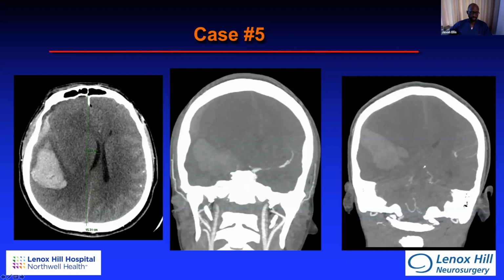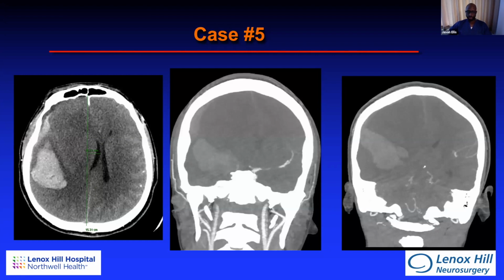This patient unfortunately herniated, and that means he has had such severe compression from this hemorrhage and the associated brain swelling or brain edema that he compressed his brainstem to a degree where it no longer functions normally. And it essentially resulted in him being pronounced brain dead.